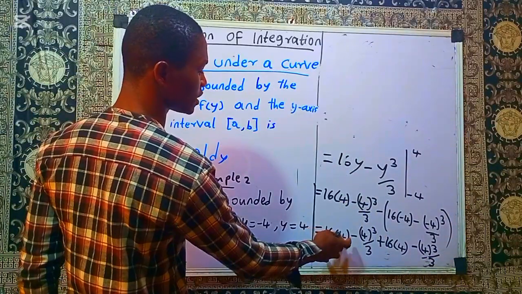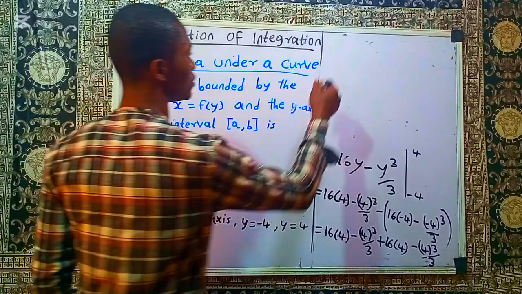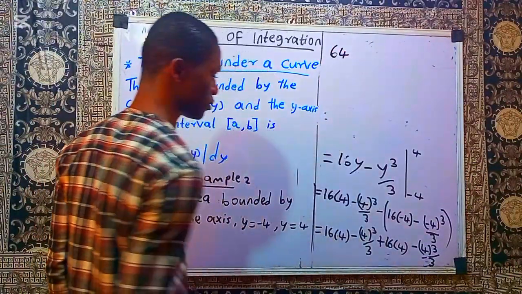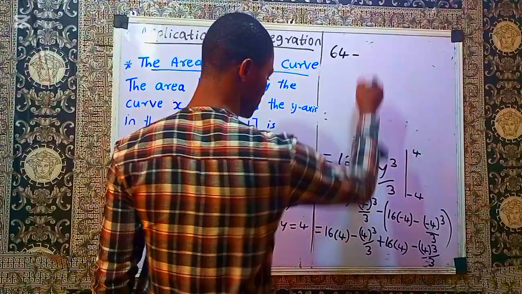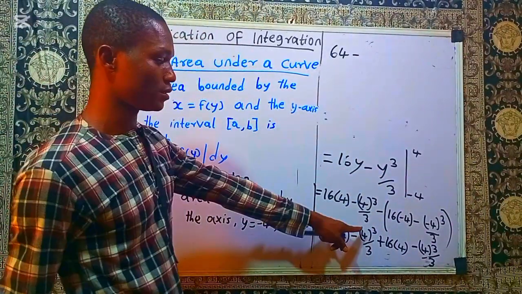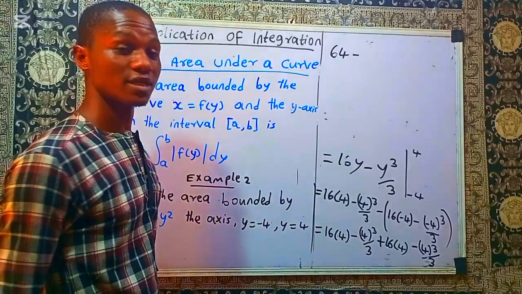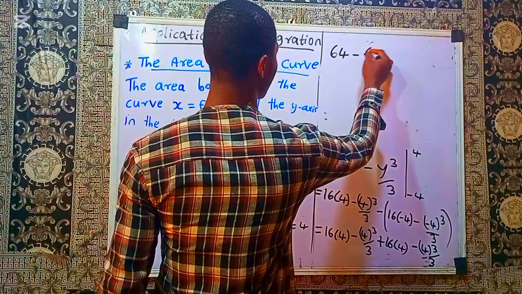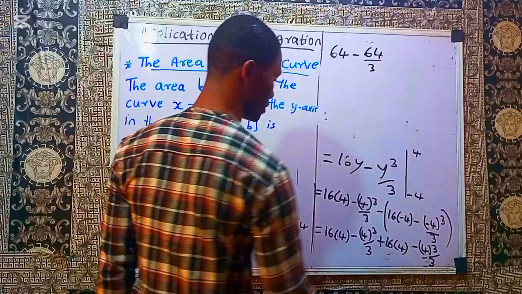We have 16 multiplied by 4. You are going to have 64. Then minus, we have 4 raised to power 3, which is 4 times 4 is 16, times 4, you are going to have 64 over 3.